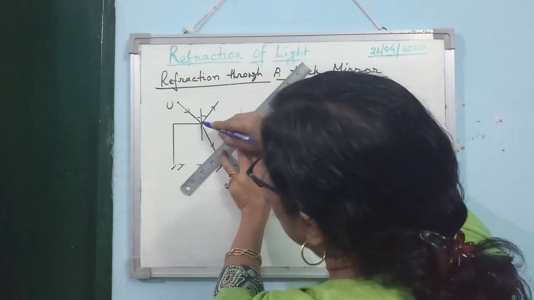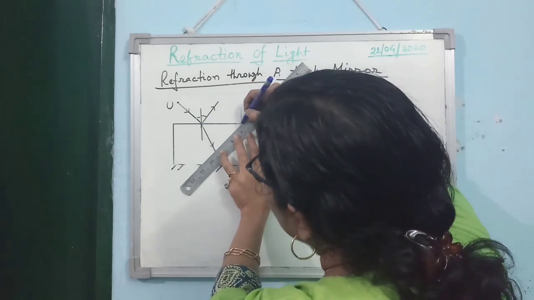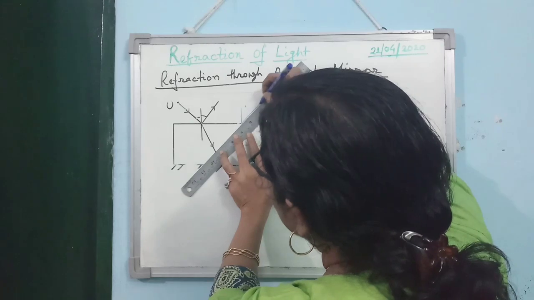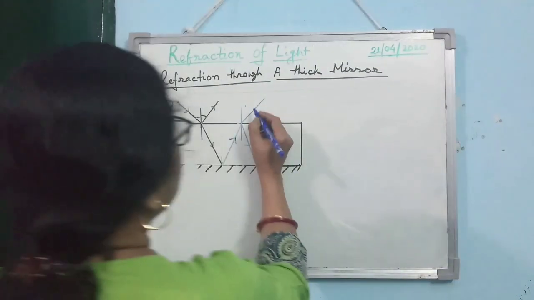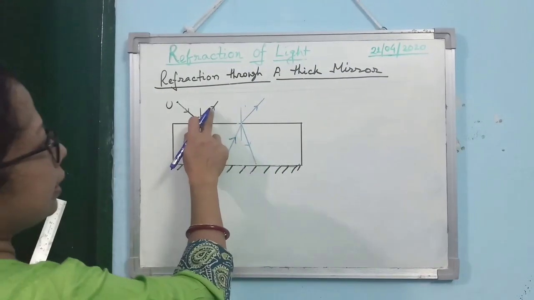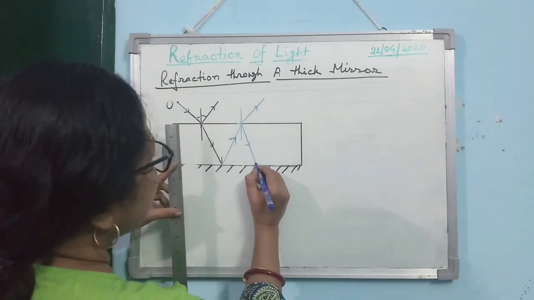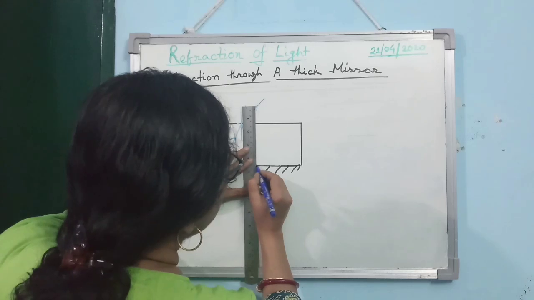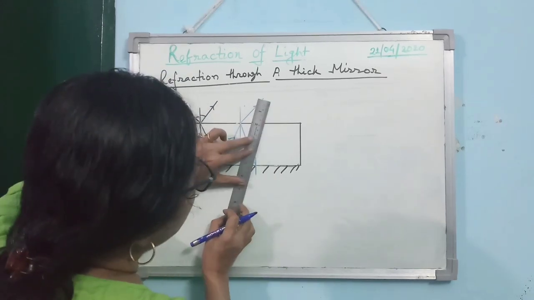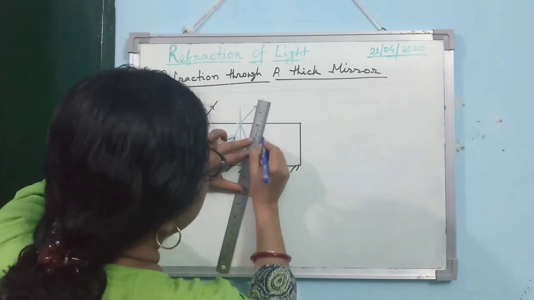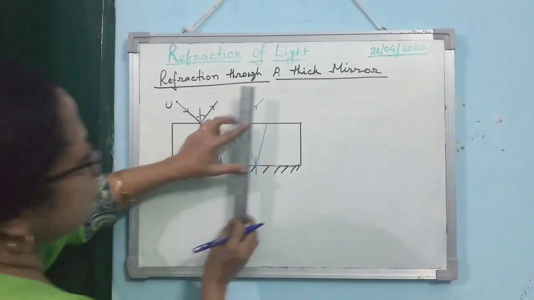You should draw it parallel to the previous one. So you see here these two lights should be drawn parallel to each other. Then light is falling again here, so it will suffer only reflection.